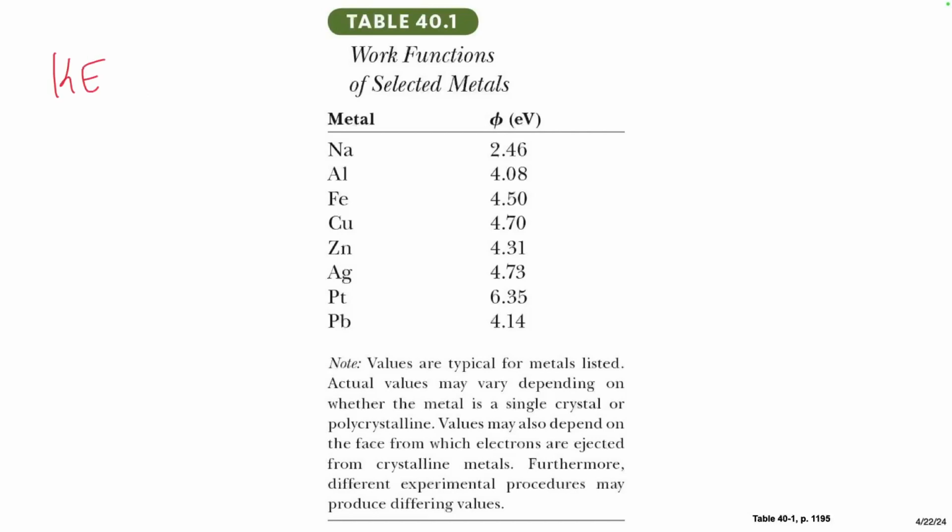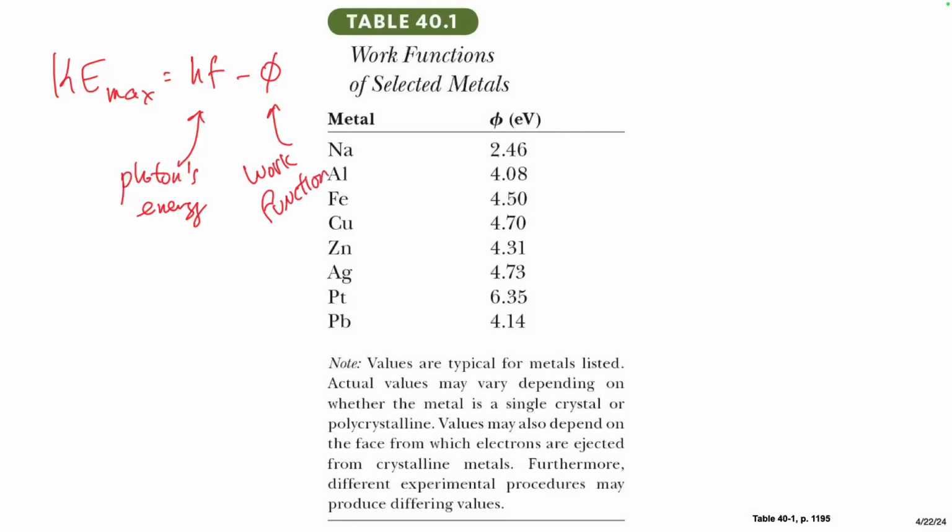I showed you a video last time, kind of how the electron was getting over the fence, so to speak, of the photoelectric effect. There was a photon that came in with an energy. So this hf is the photon's energy. This phi right here, this is called the work function. And it's the amount of energy that a charge needs to be able to leave a metal.